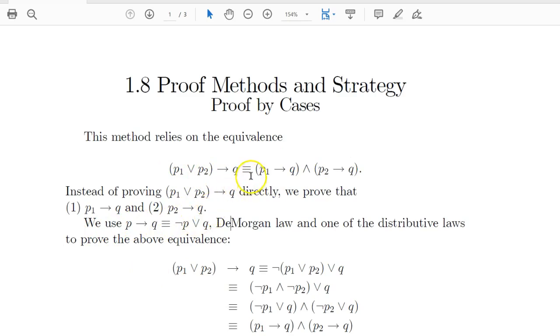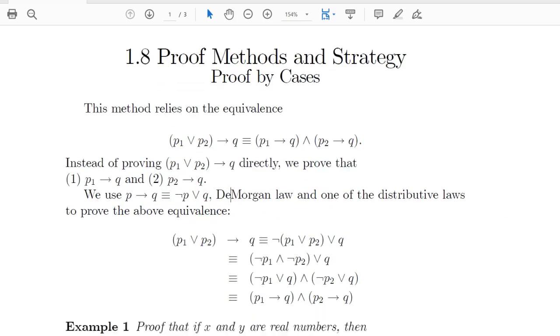First, we'll prove this equivalence. We use the equivalence if P then Q is equivalent to not P or Q, the De Morgan law, and one of the distributive laws that we know.